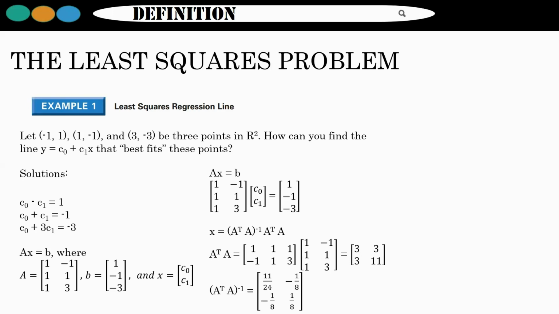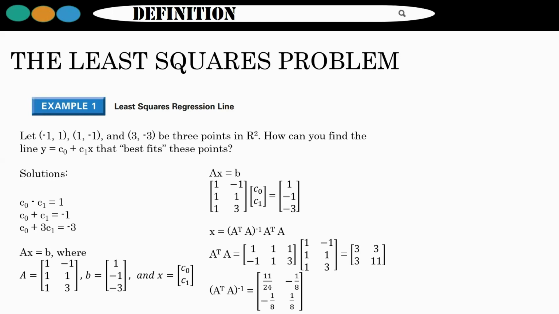The transpose of A, which is 3 by 2, will be 2 by 3. So the transpose value of A is the 2 by 3 matrix 1, 1, 1, negative 1, 1, 3.